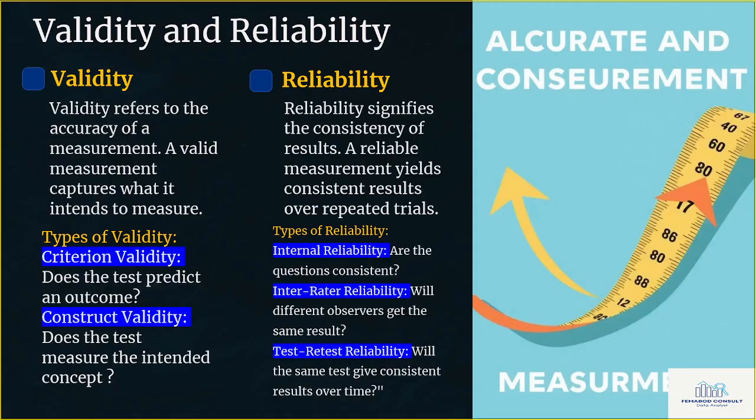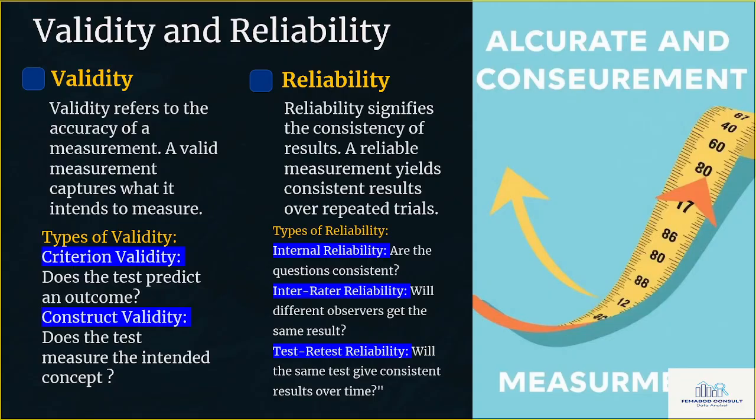Then reliability. This is talking about consistency of results. A reliable measurement yields consistent results over repeated trials. A reliable measurement yields what? Consistent results over repeated trials. So for example, if I as a teacher carry out a test on class A, I have taught class A a particular topic, and I carry out a test on that class.